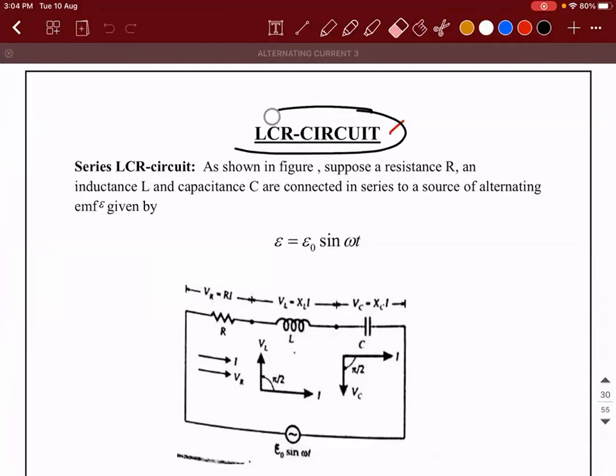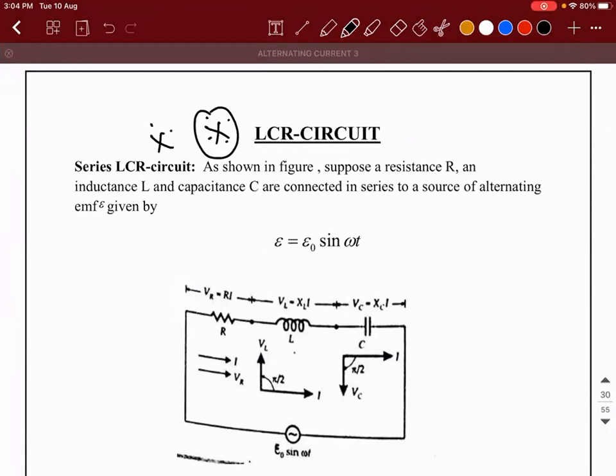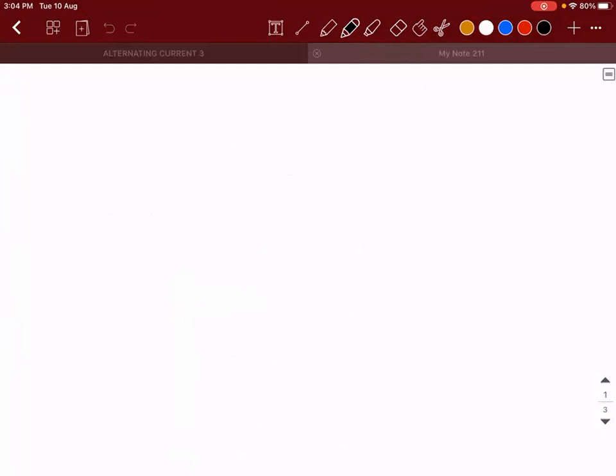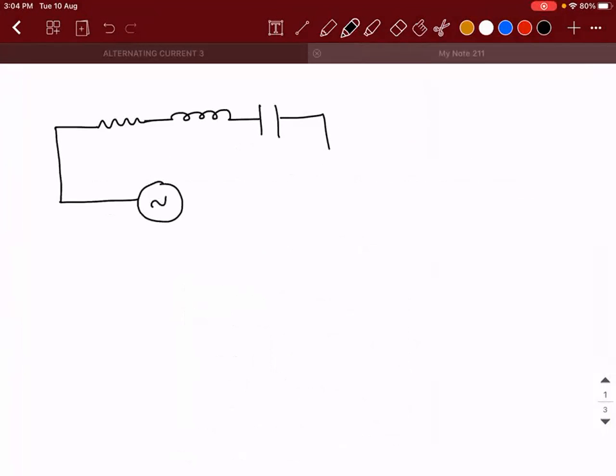So today we will be seeing a series LCR circuit. This is a very, very important one, okay? It is an extension of that RL and RC circuit in series. So as the name suggests, this is a circuit where you have a resistor, inductor, and capacitor connected in series across an AC source.